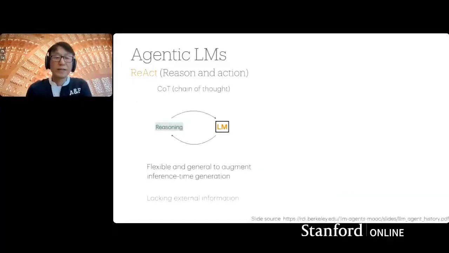The other way to look at it is this. Agentic language model usage can be defined as it could reason as well as it could take action. This is also called ReAct: reason and action. The reasoning part is something you could encourage the model to do by using a method such as chain of thought.